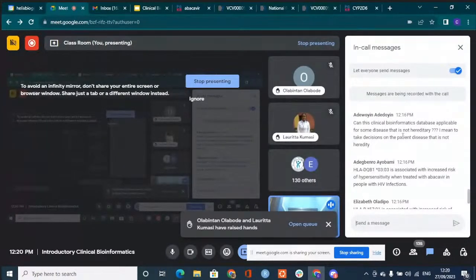Somebody said HLA-DQB1 is associated with increased risk when treated with Abacavir in people with HIV infection. Again, this is why you try to check through the database. You are not just seeing HLA-B*57, you are also seeing HLA-DQB1 from the database. This is one aspect that you are seeing; you are not seeing the other aspect.